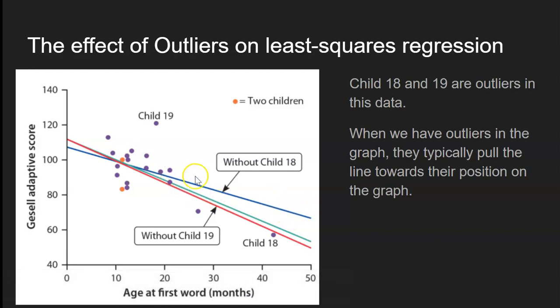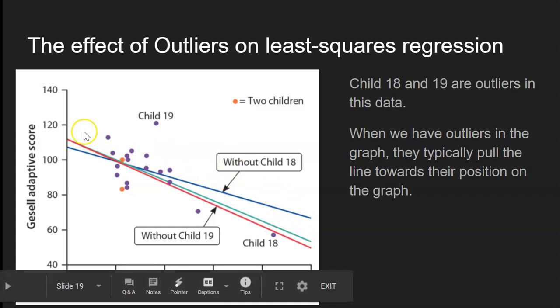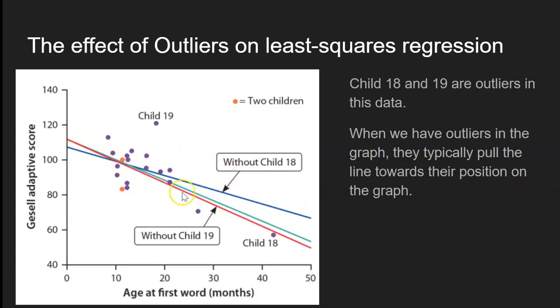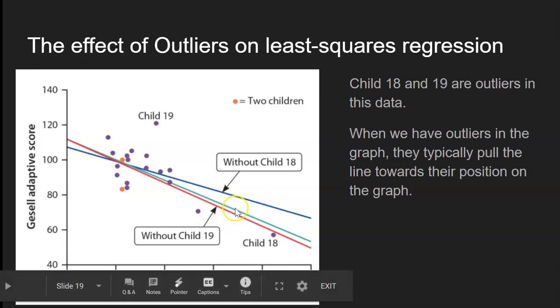If you're considering this blue line right here, maybe describe how it moves compared to the green original line in terms of the y-intercept and the slope.